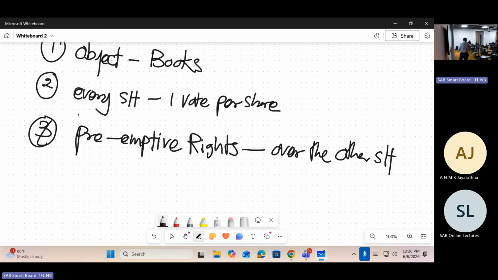I will come to these preemptive rights. Preemptive right over the other shareholders of the company.